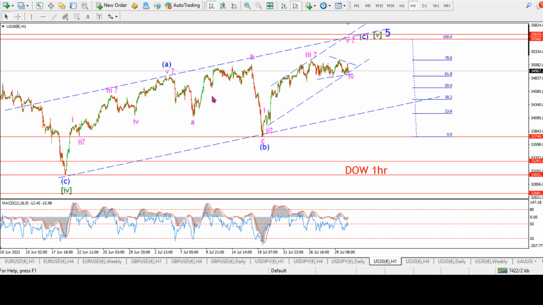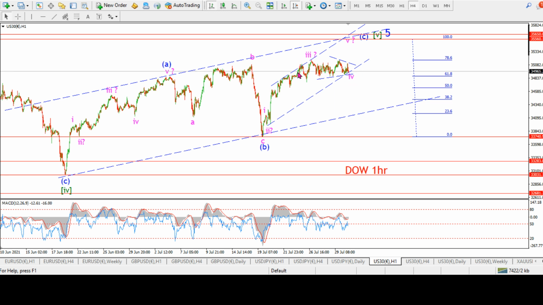Now, 35,650 being the upper target there, and quite close to the wave C projection, would be the target right now. If we're getting a simple zigzag, we call it an expanded flat correction in wave B. So we've got 5 up in A, 3 down in B, and then 5 up in wave C. So we've got wave 1, 2, extension in wave 3.